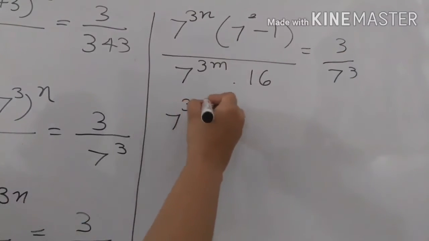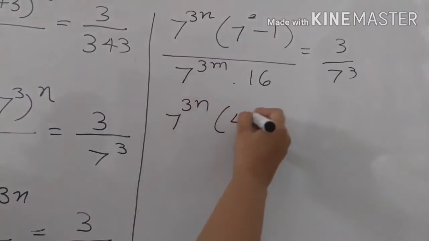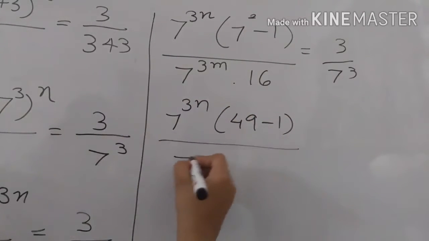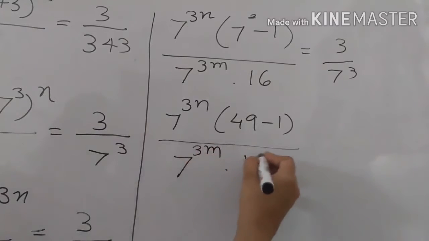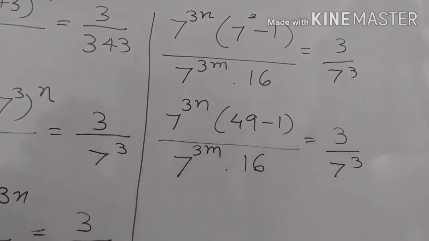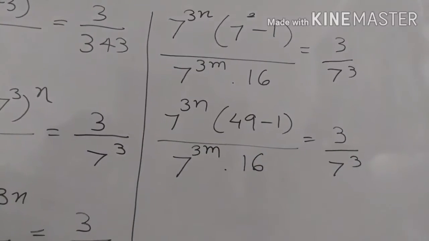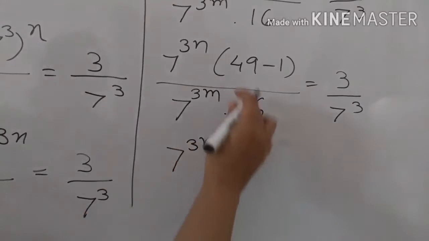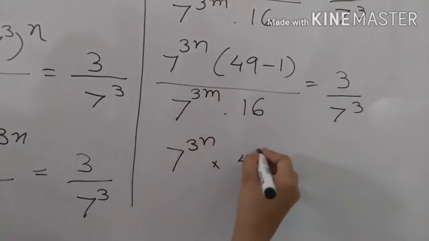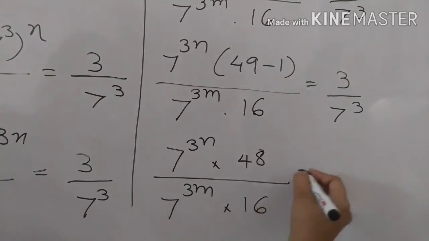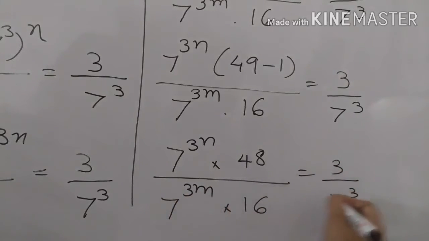Now 7 raised to 3n, 7 square is 49 minus 1, and in the denominator 7 raised to 3m into 16, is equal to 3 upon 7 cube. Again in the next step, 7 raised to 3n, 49 minus 1 is 48, upon 7 raised to 3m into 16, is equal to 3 upon 7 cube.